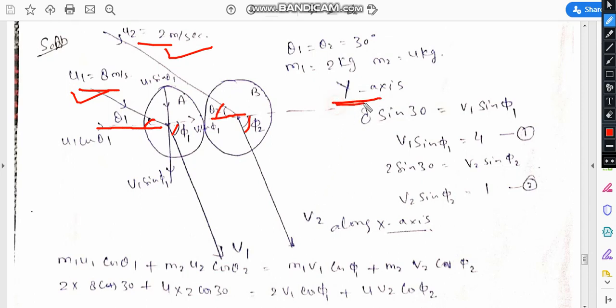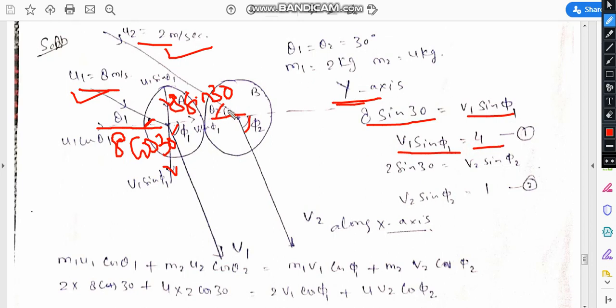First we discuss along the y-axis. Here u1 sin theta 1 is 8 sin 30, and it acts along this direction, and v1 sin phi 1 along this direction, so both are equal to each other. So 8 sin 30 equals v1 sin phi 1, and it gives v1 sin phi 1 equal to 4.